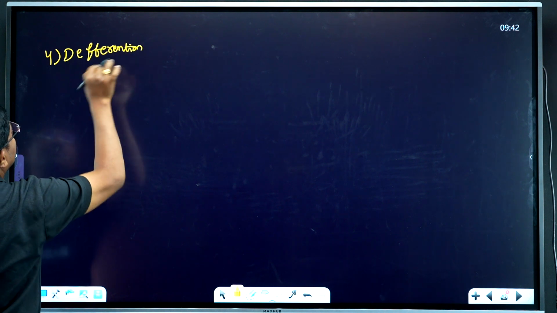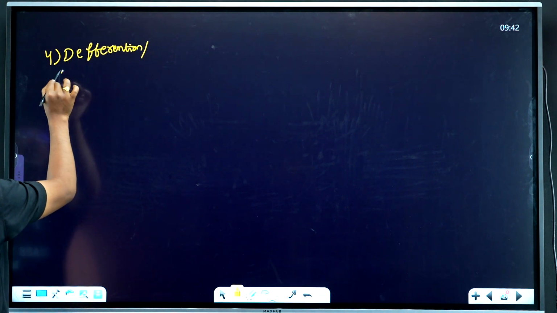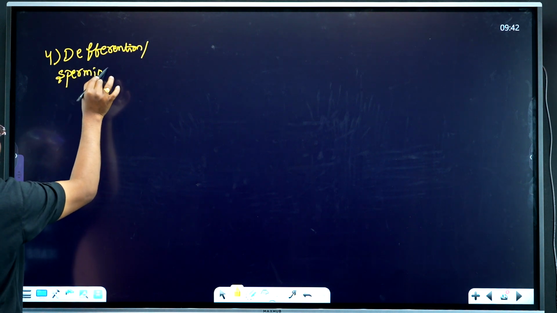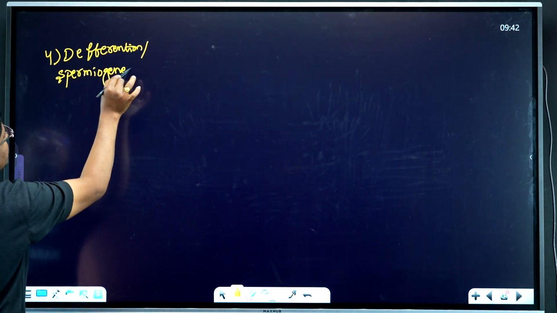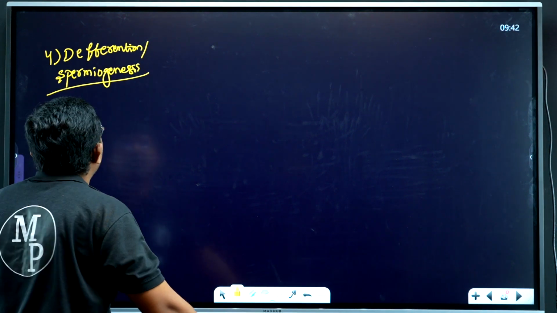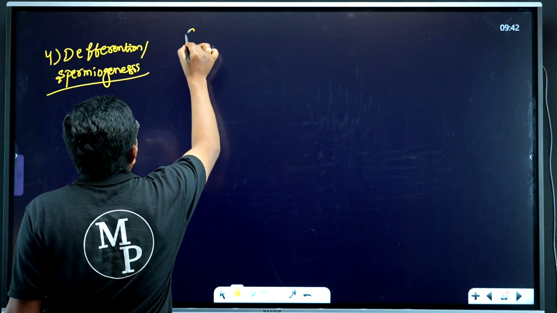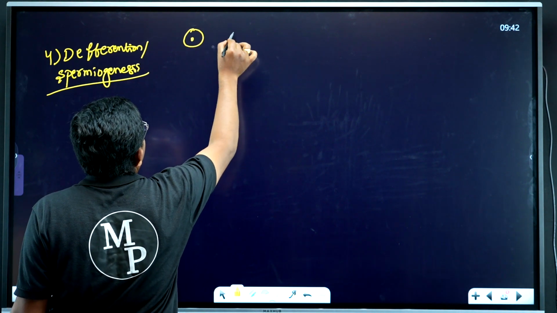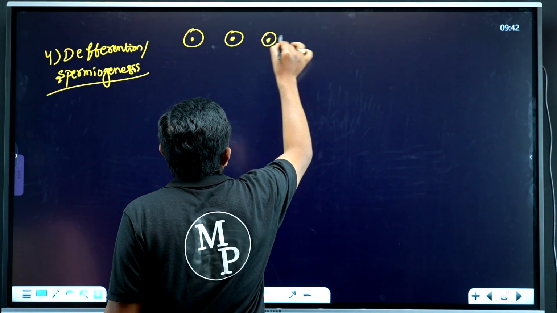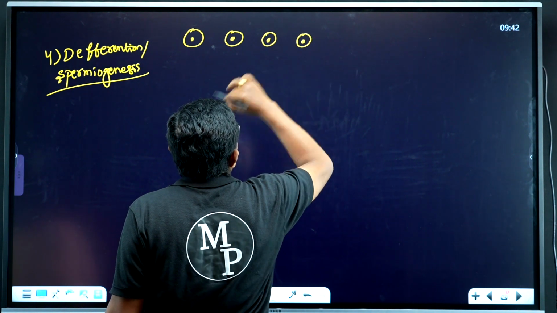Differentiation is also called spermiogenesis. See, these are the spermatids. The spermatids are the end products of the maturation phase.